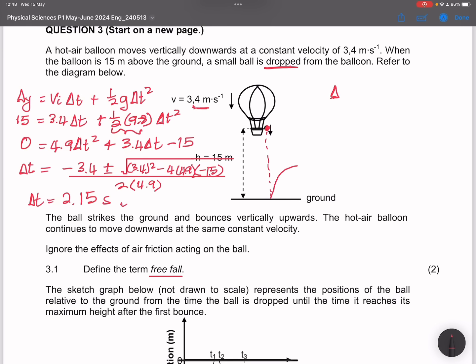So first of all, delta y, that's v delta t, right? But remember, plus half a delta t squared. Remember we said acceleration is 0, so it takes out that entire term. So delta y, that's what we want. Our velocity is 3.4 and our time is 2.15.